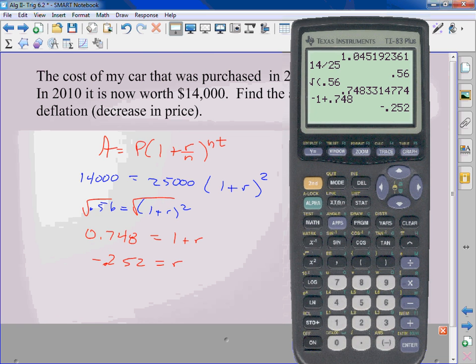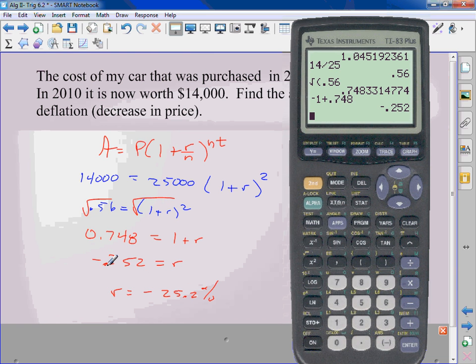So what's my percent? My rate is negative 25.2%. Why is it negative? Because it's decreasing. That's why it's negative. So in 2 years, my car has decreased 25% of its original value. That's our percentage.